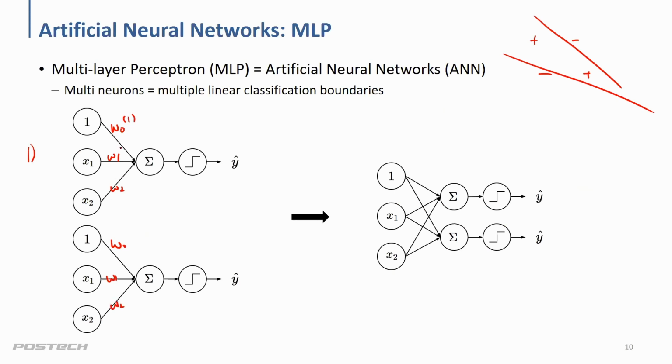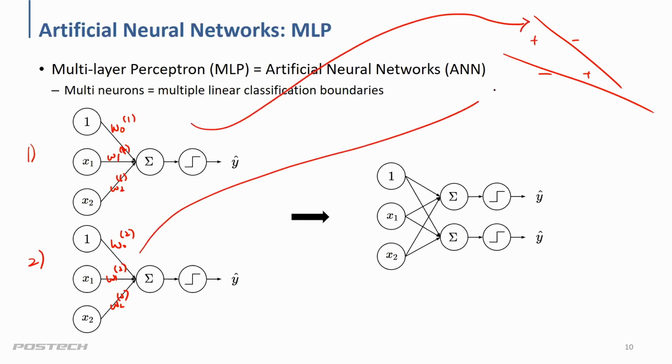These values are probably for the first, and this one is second. So this one will generate this line, and this one is going to generate the second one, right?